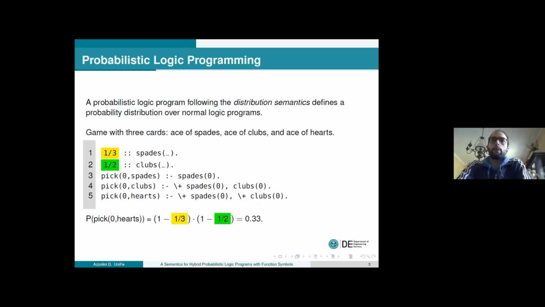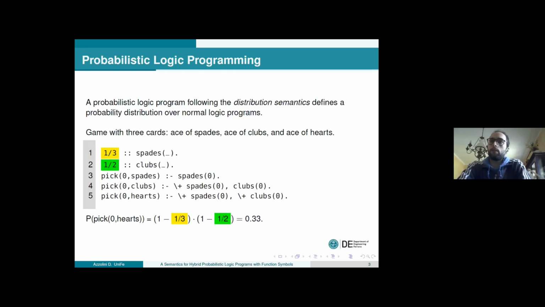In general, a probabilistic logic program following the distribution semantics defines a probability distribution over normal logic programs. Here you can see a really simple example that models a game with three cards: ace of spades, ace of clubs, and ace of hearts. In the first two lines, we have two probabilistic facts, spades and clubs. Spades is true with probability 1/3, and clubs is true with probability 1/2.